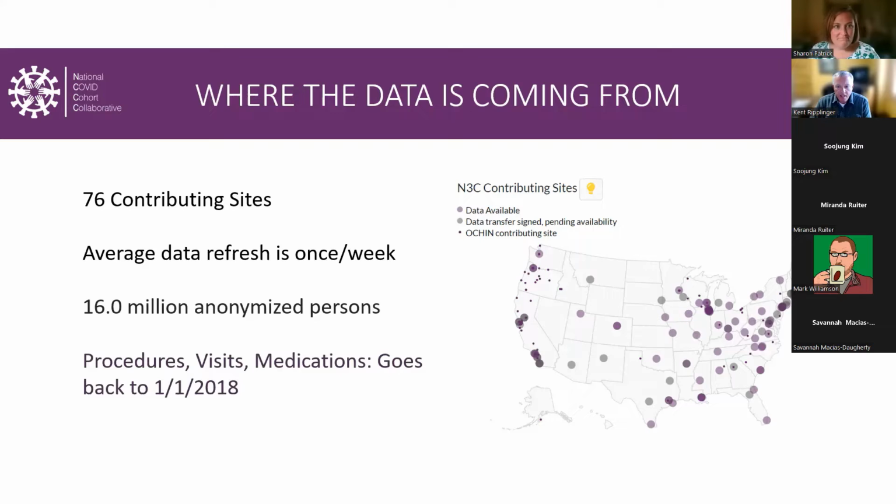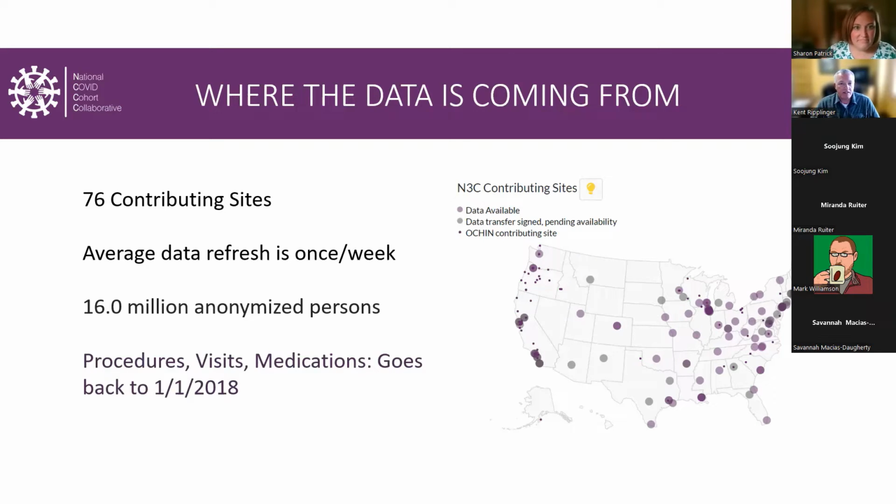The data in the Enclave is not pulled for all patients from contributing sites. It's all COVID positive patients, as well as twice as many demographically matched controls. So just a little perspective, it's not necessarily a random sample, as there are only particular data partners contributing. It's not every institution in the United States.